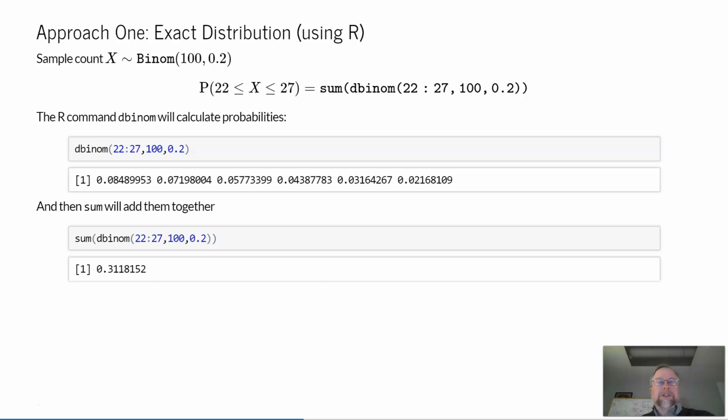Now, if we want to do this in R, and we might want to, say for homework, we're dealing with a binomial distribution. So think of the D as being distribution and binom as being binomial. We give it the range of values, 22 up to 27. This is n.